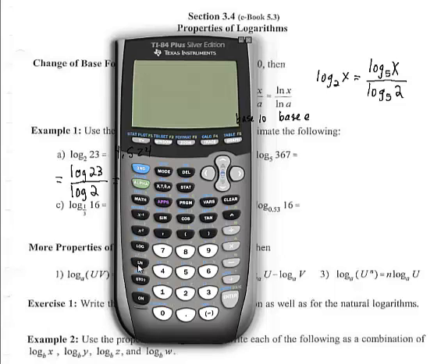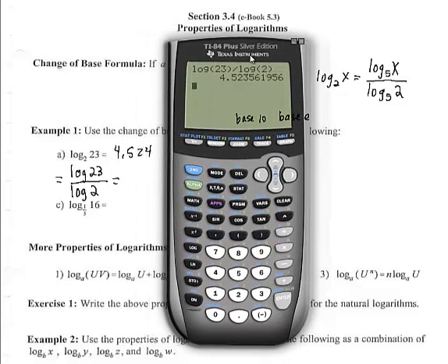Here's our 2 standard log bases, and so I would simply write log 23 divided by log of 2, enter, and we get 4.5235. And so if I round this to 3 decimal places to the right of the decimal point, we get the exact same number.